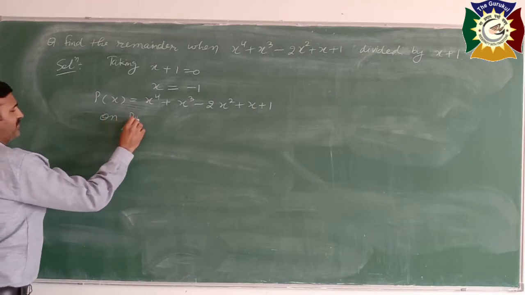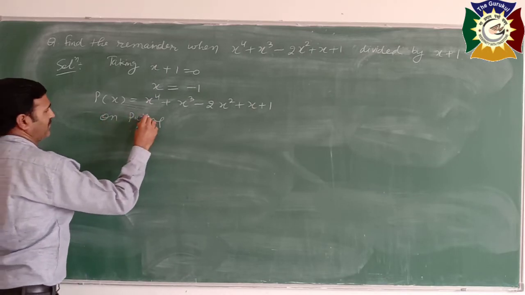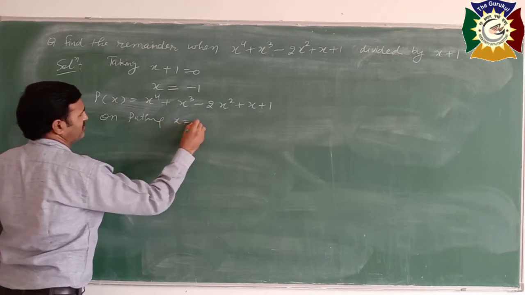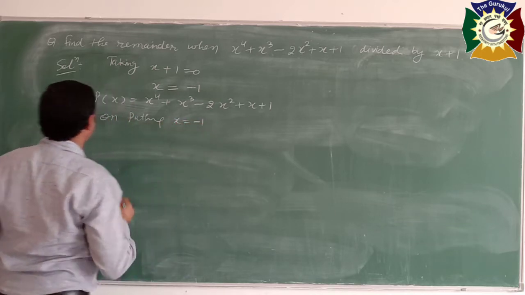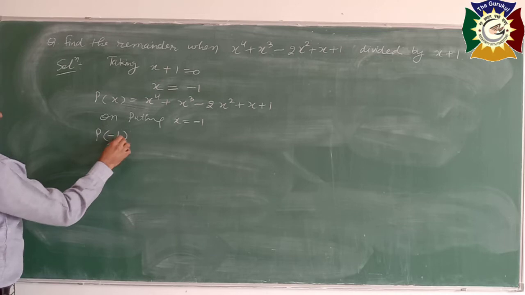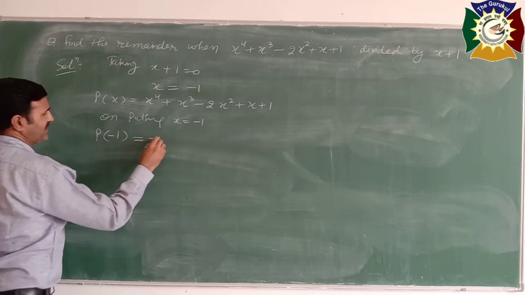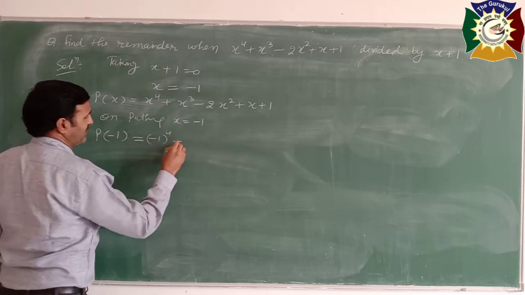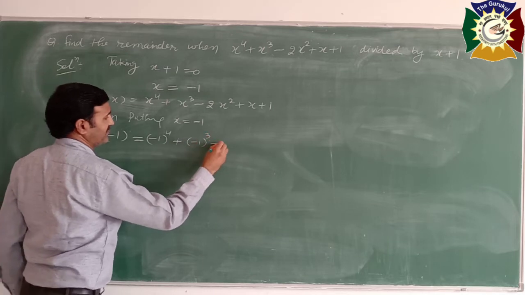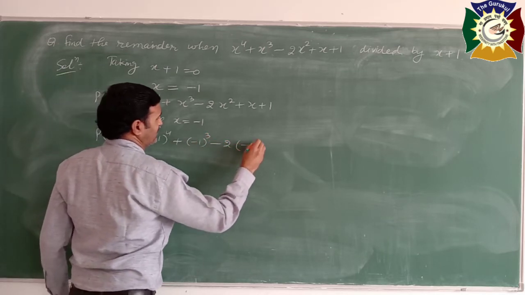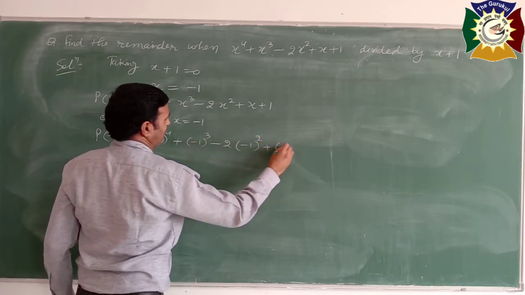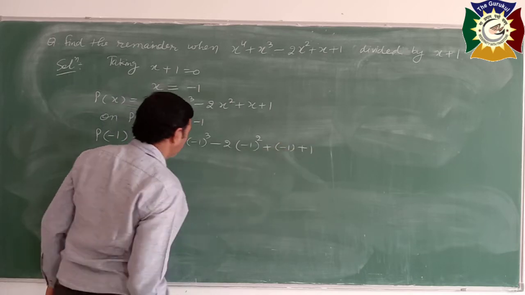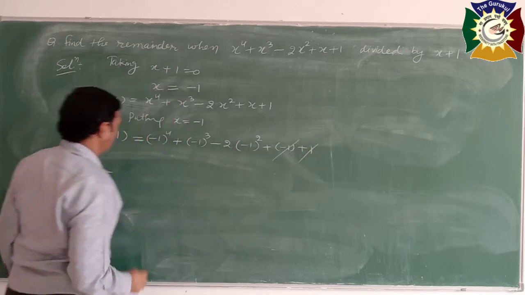On putting x equal to minus 1, p of minus 1 is (minus 1) raised to power 4 plus (minus 1) raised to power 3 minus 2 (minus 1) square plus (minus 1) plus 1.